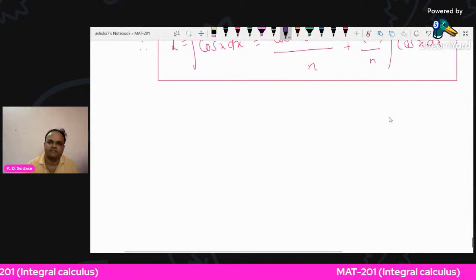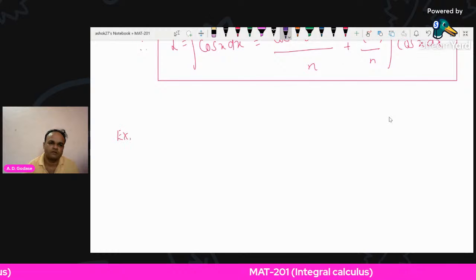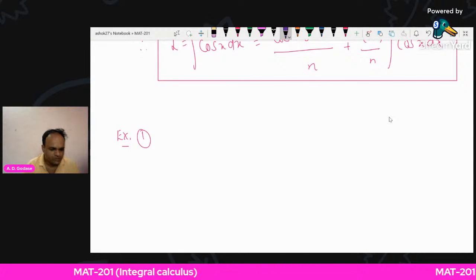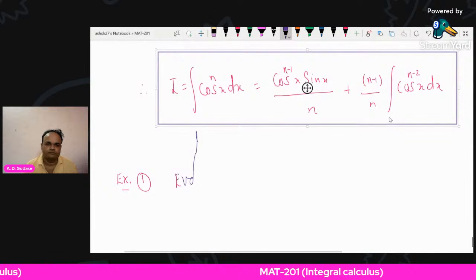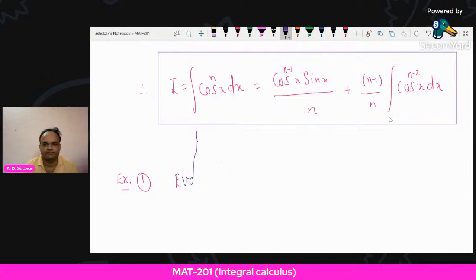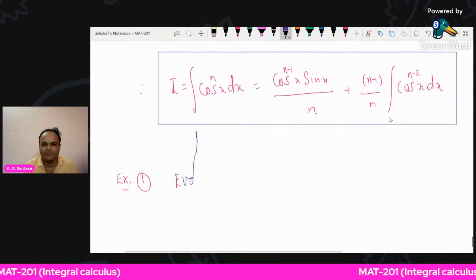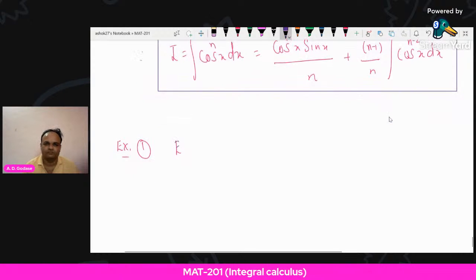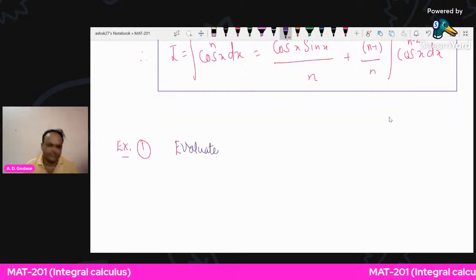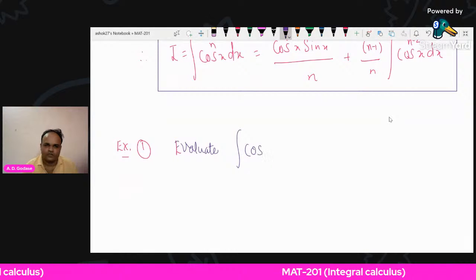So let's take one example. Evaluate the integration of cos raised to 6x dx.